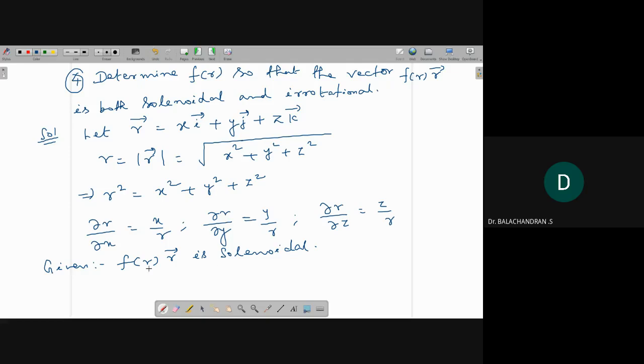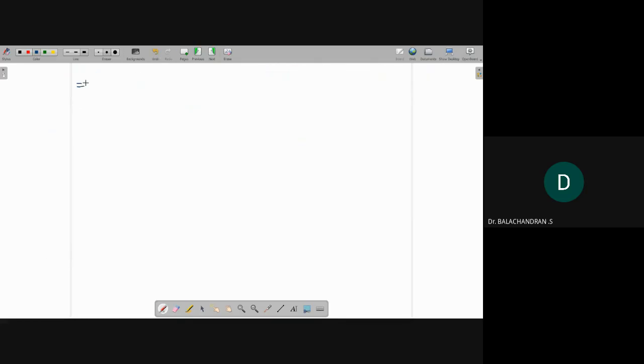Solenoidal means del dot f of r into r vector is equal to 0. So this implies del dot f of r into r vector equal to 0. Okay. Now, what is del?